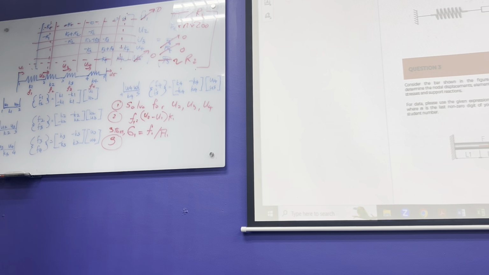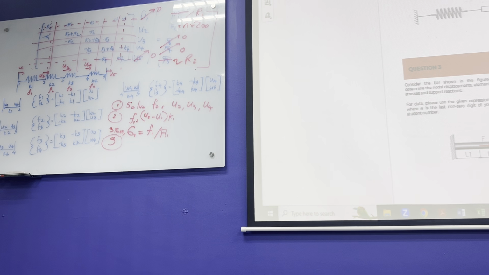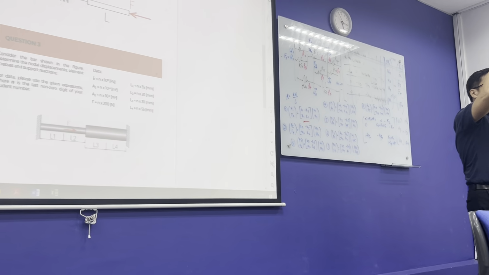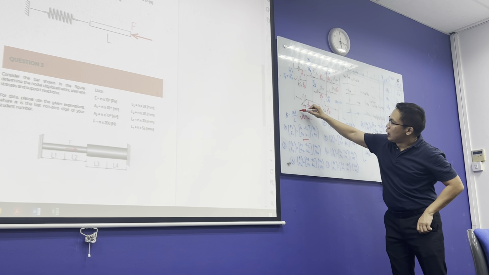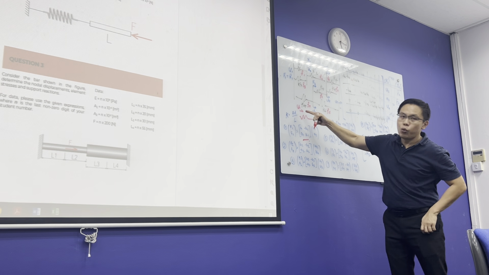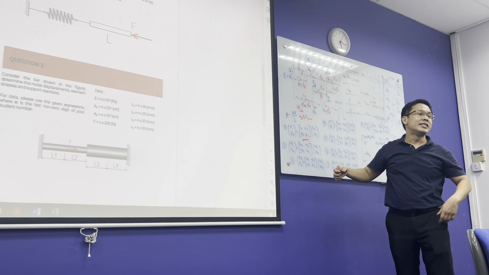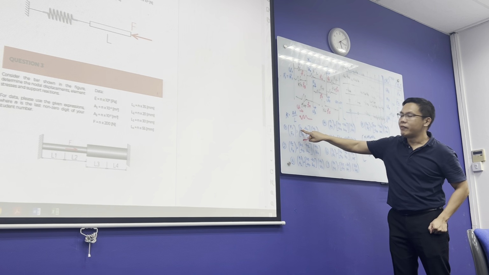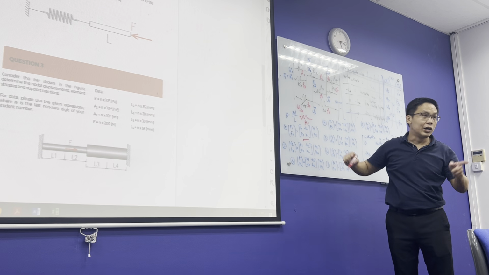Agree? Remember, we go back to our original line element. Look at this line element here. If I have a spring and I impose a U1 displacement at node 1, what is the force I need? I need F1 equals to K1 multiplied by U1. Agree?